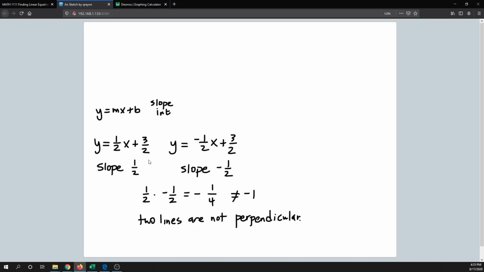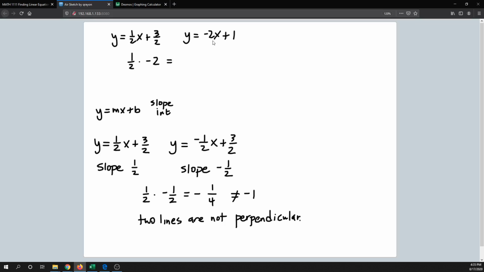All right. Now imagine if we had this line y equals 1/2 x plus 3/2, and we had y equals -2x plus 1. Then the slope of the first line would be 1/2, and the slope of the second line would be -2.